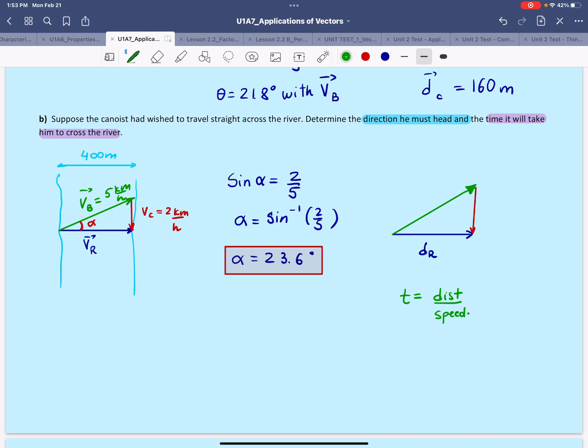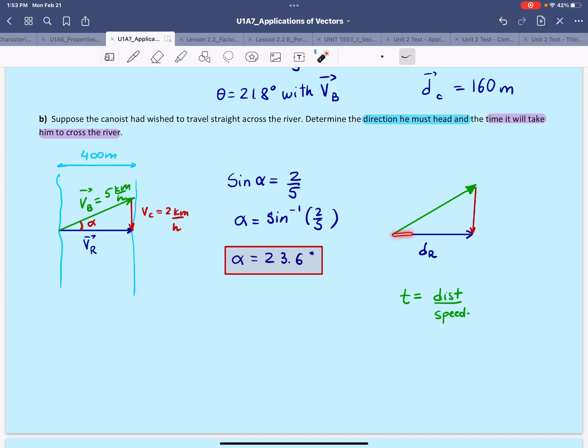Now, what is the distance that the canoeist will travel? I want you to think, is the canoeist moving this way or is the canoeist moving this way? Remember that the canoeist is heading in this direction, but with the velocity, the actual motion will be this way. So the actual displacement will go this way around.